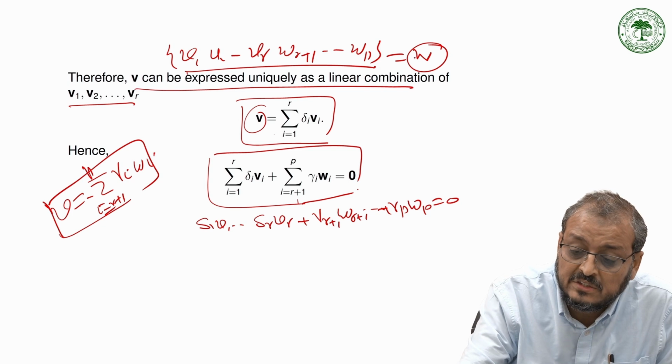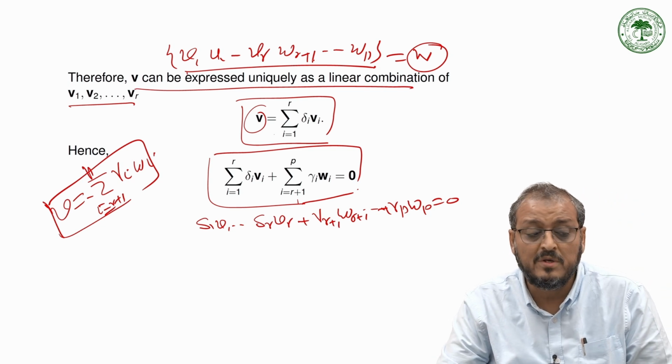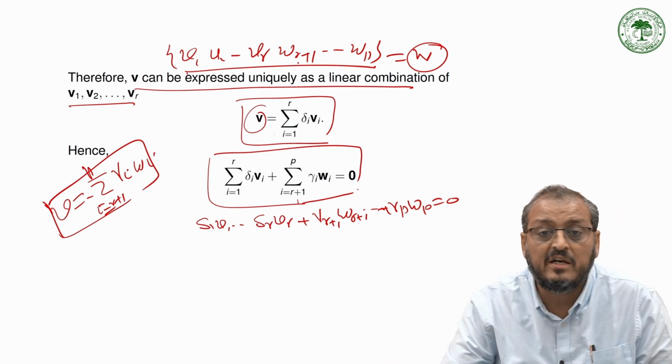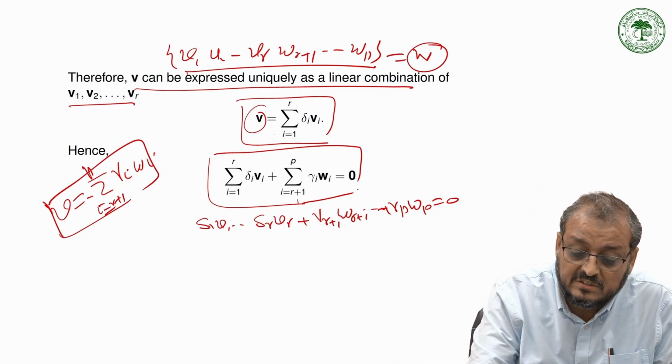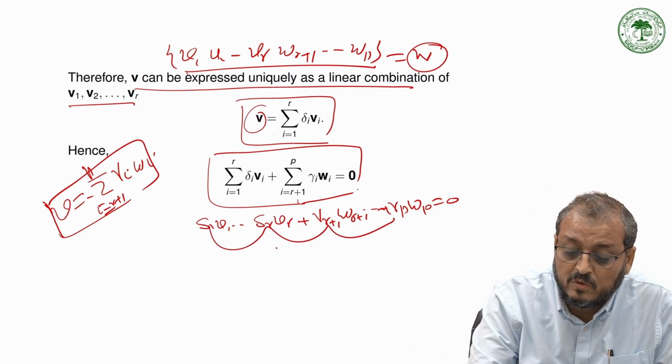If this is a basis of the subspace W, then these vectors are linearly independent, and if they are linearly independent, then all the scalars must be equal to 0.